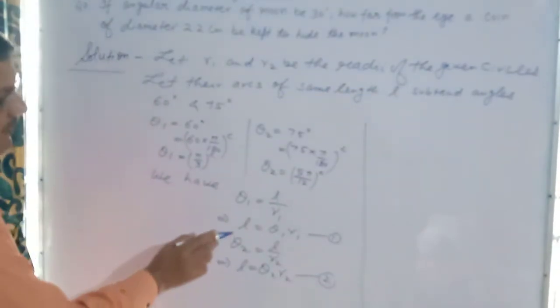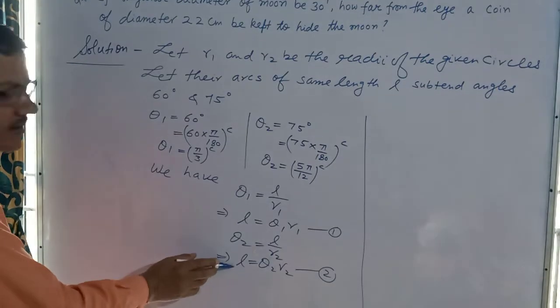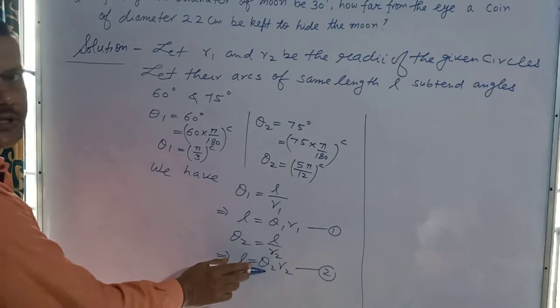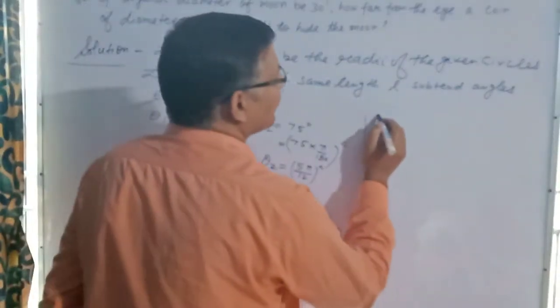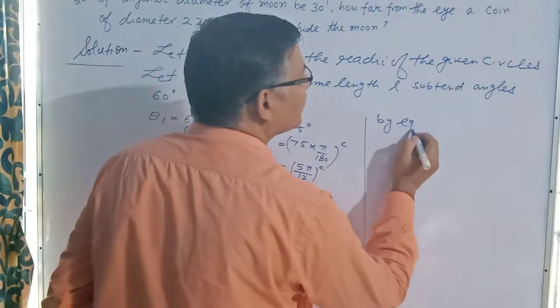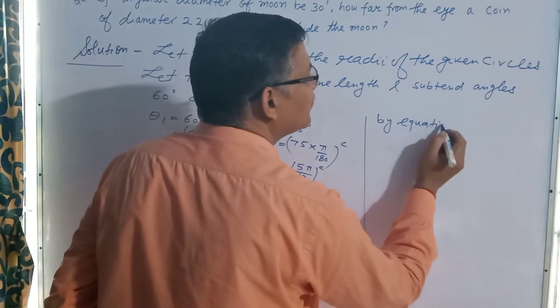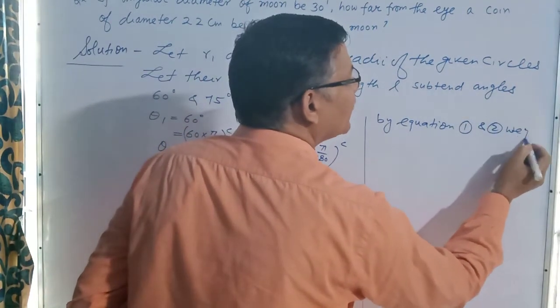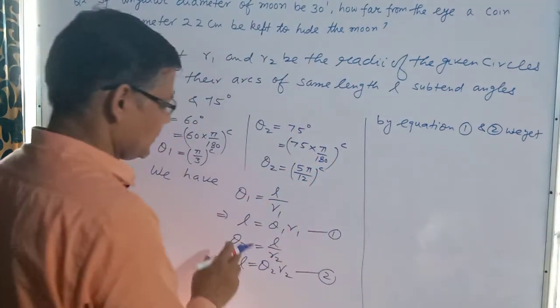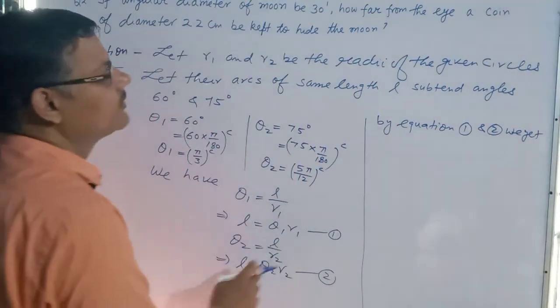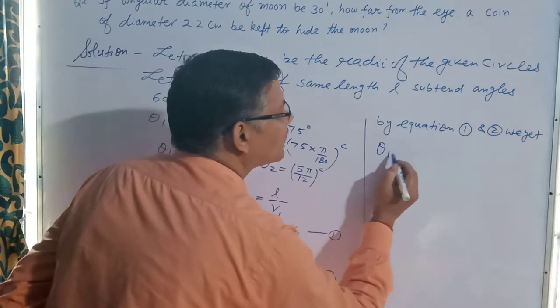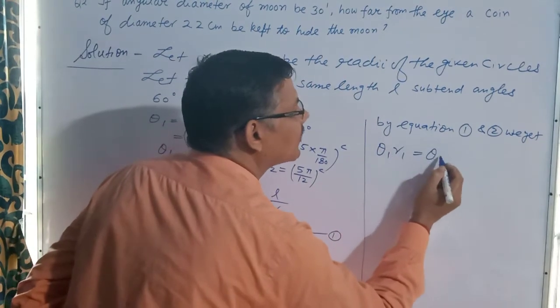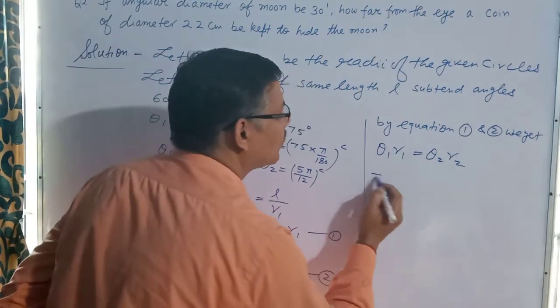Since the left hand side of both the equations is equal, that implies the right hand side is also equal. So by equation 1 and 2 we get, this is L, this is also L, so from here we get theta 1 into R1 equal to theta 2 into R2.